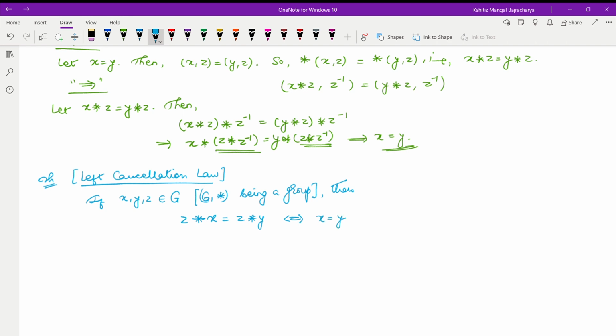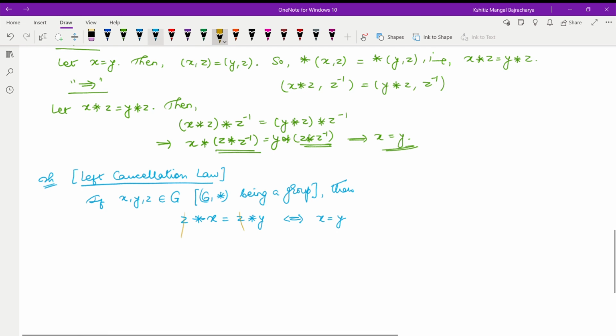Or we can also state it like this: x star y equal to x star z if and only if y is equal to z. Anyway, you can give any kind of statement, but make sure that we cancel the same quantity from the left side.